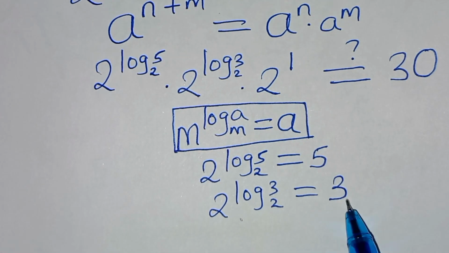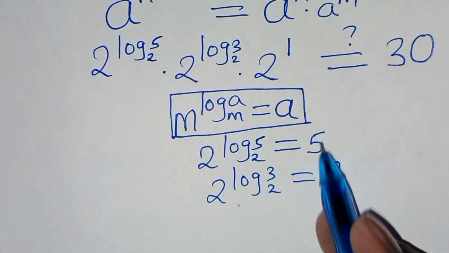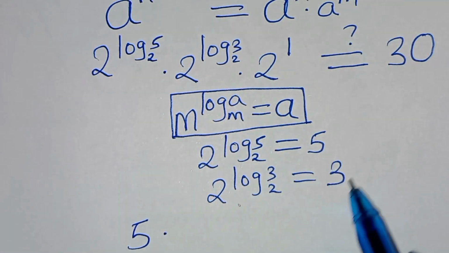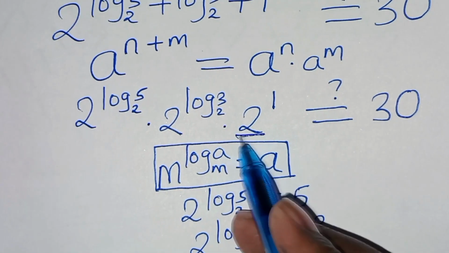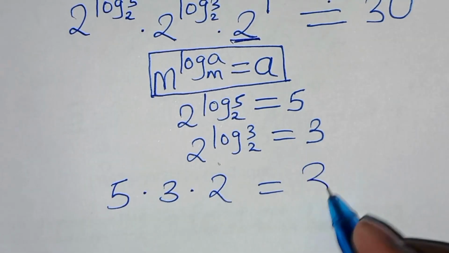Let's substitute these two values here. So we'll have 2 to power of 5 to base 2, which is 5, times 2 to power of 3 to base 2, which is 3, then times these two here. So that's times 2. This should give us a value of 30.